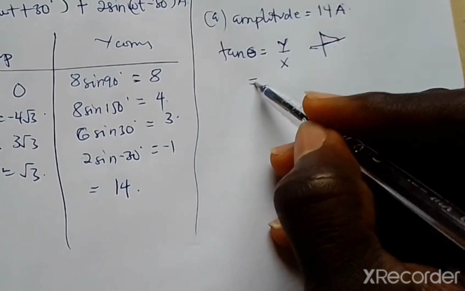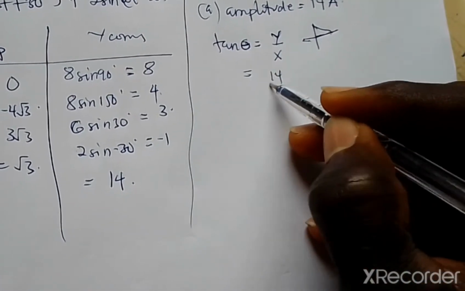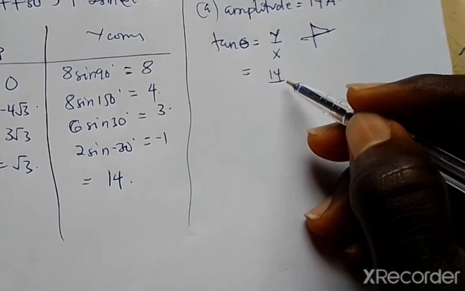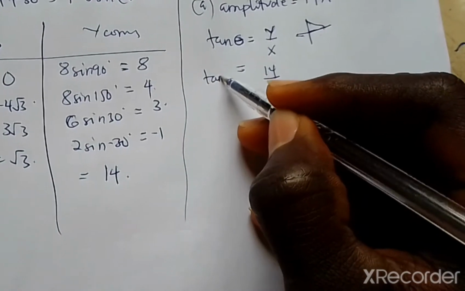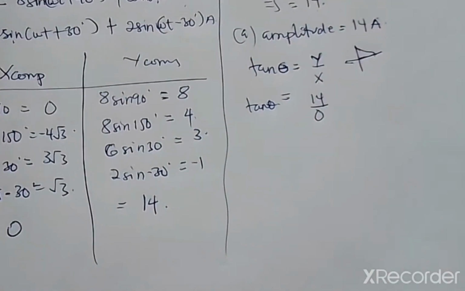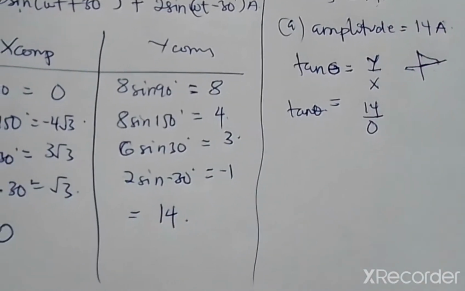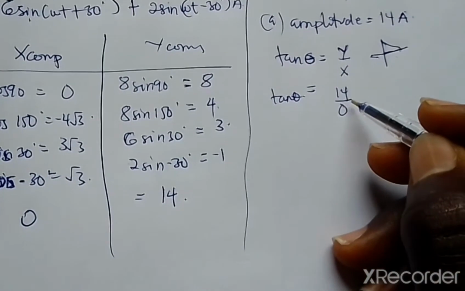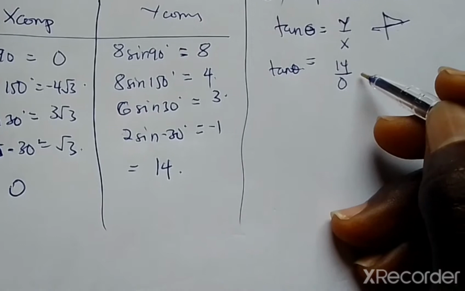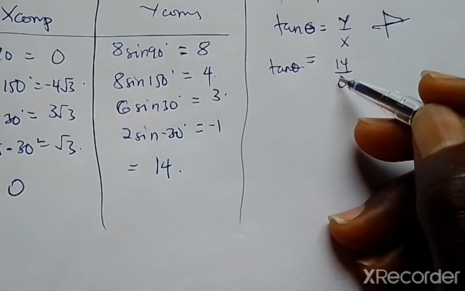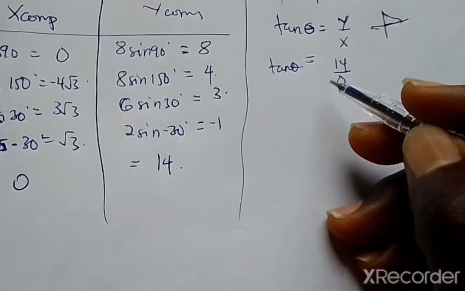So our y value was 14 and our x value is 0. So tan theta is equal to 14 over 0. Now what will be theta? Theta is going to be the tan inverse of this expression. And you know that this is going to give us undefined. So tan inverse of this will give us 90.